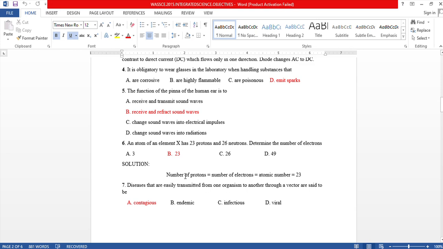Now the reason why the number of protons is the same as the number of electrons is why we say that atoms are electrically neutral, meaning that their number of protons is the same as the number of electrons. Take note that protons are positively charged particles. Electrons are negatively charged. So if the number of the positive charges is the same as the number of negative charges, then they will balance, they will cancel, so it will not have any charge.